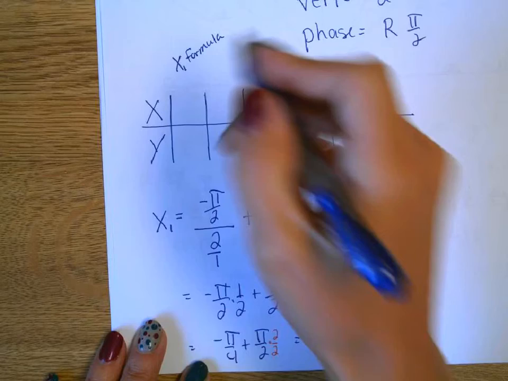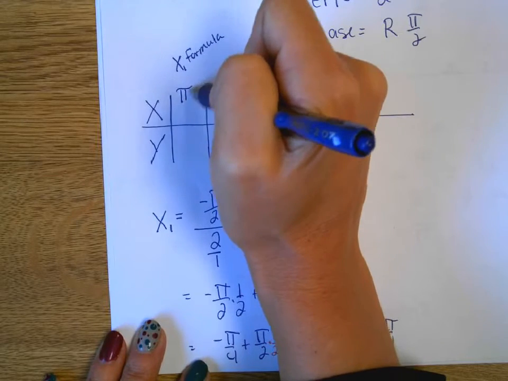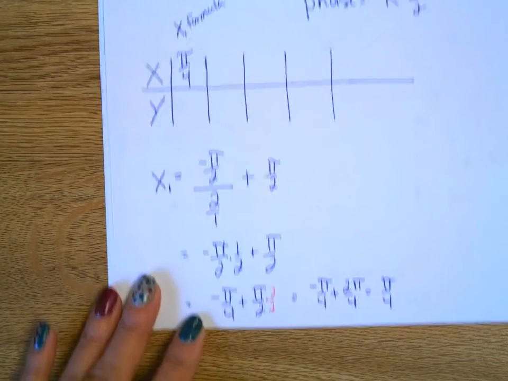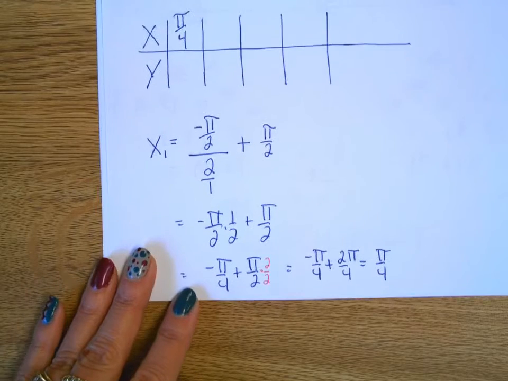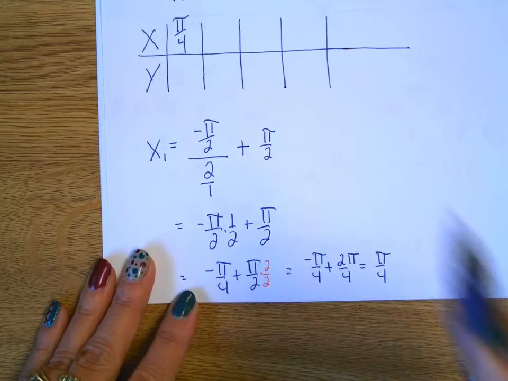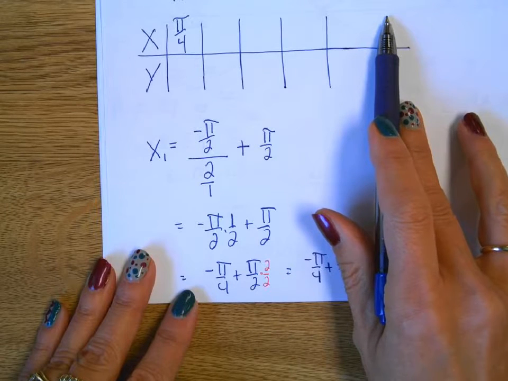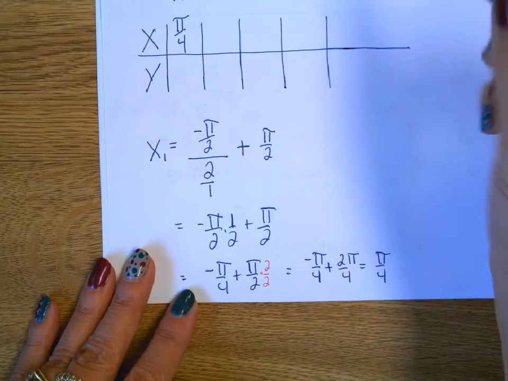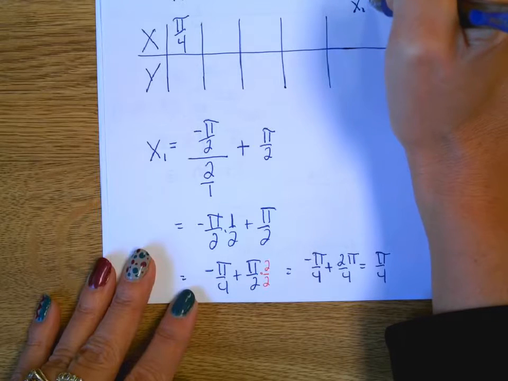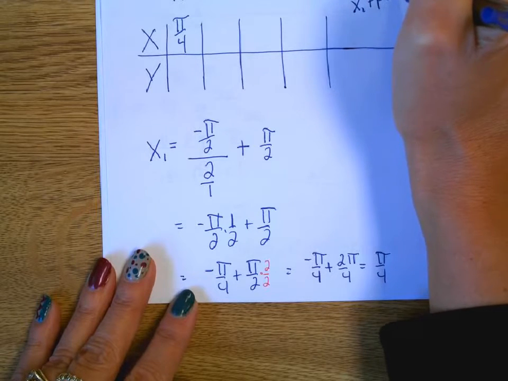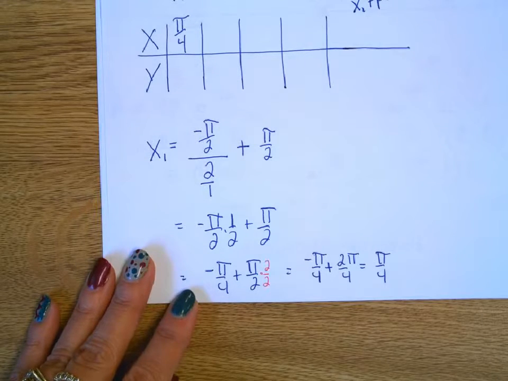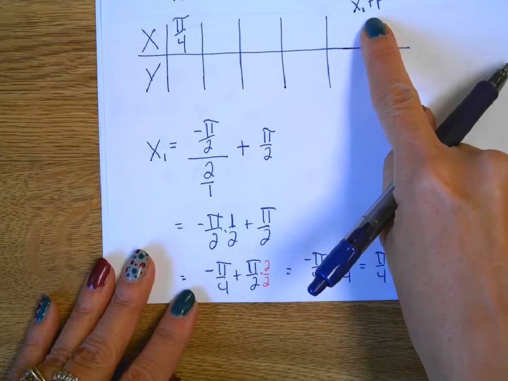So there are 2 points on the test for that. We still do the period and the phase, so we're going to take our starting x value and add on the period. It's going to be x1 plus the period. Usually it's the period and the phase that act together.